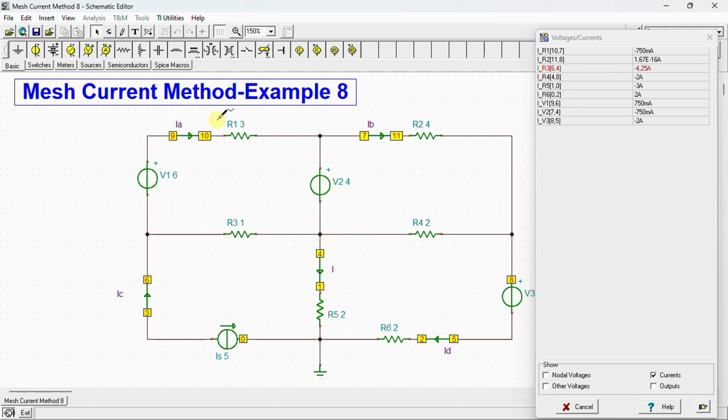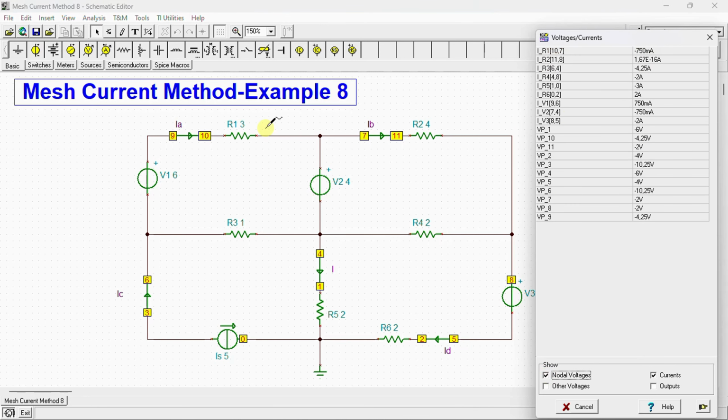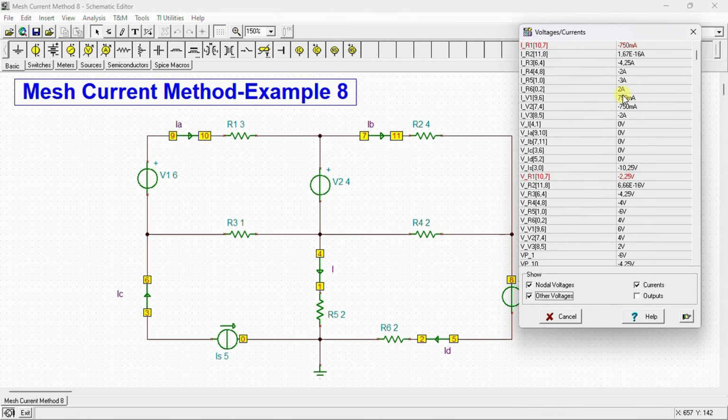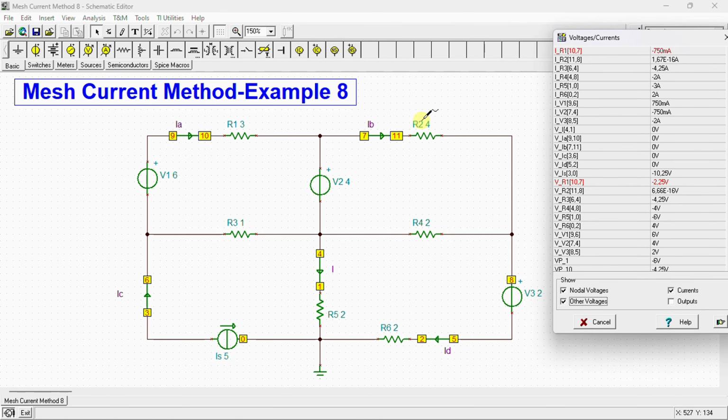For example, if we want to see the voltage across R1, we can click here and go to nodal voltage, and if we click here, let's say other voltage, in this case we have here negative 225 volts. So this table, you can use it to find any information you need about this circuit.